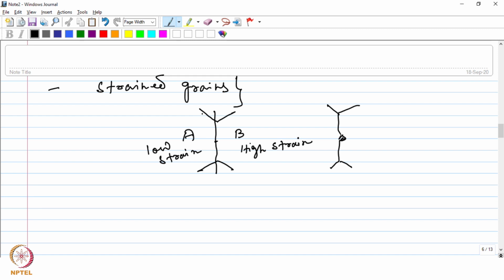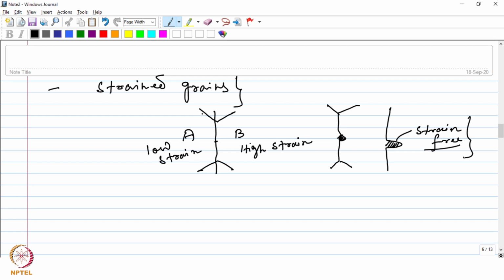So this region now, this shaded region is free of strain, right? And again, if this crosses the critical size, then this bulge that you have, this bulging that you have in this boundary, this can act as the nucleus for the strain-free grains, right?